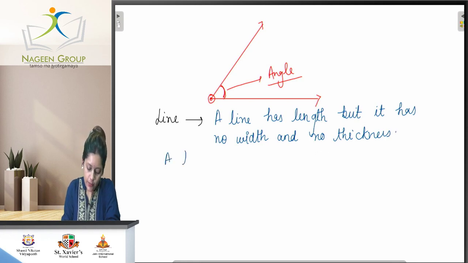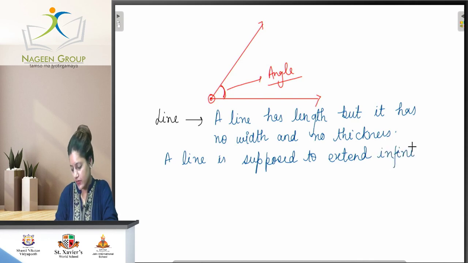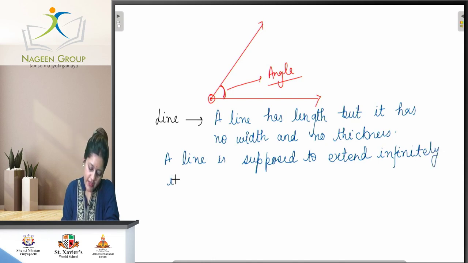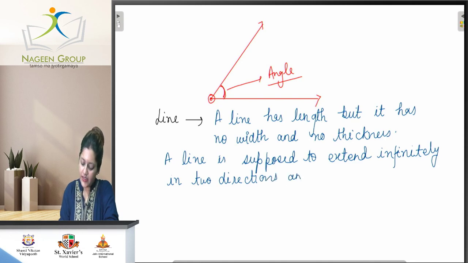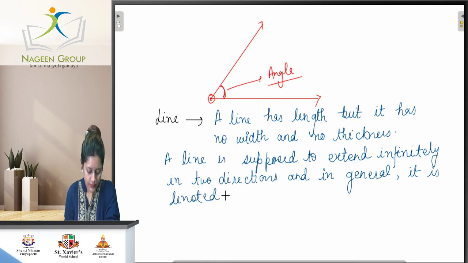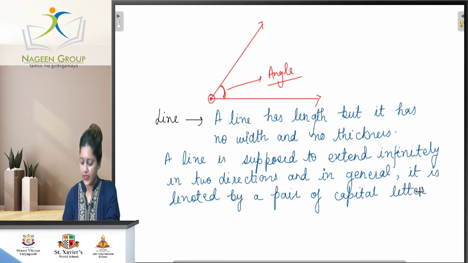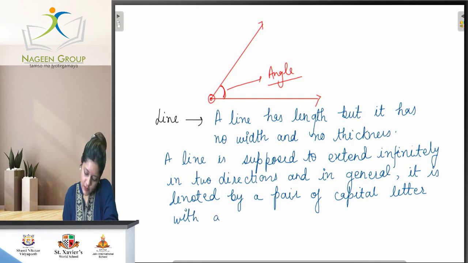Next, a line is supposed to extend infinitely in two directions, and in general it is denoted by a pair of capital letters with an arrow overhead pointing in both directions.